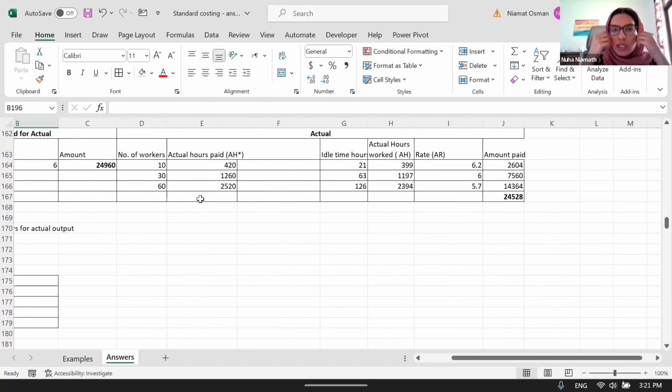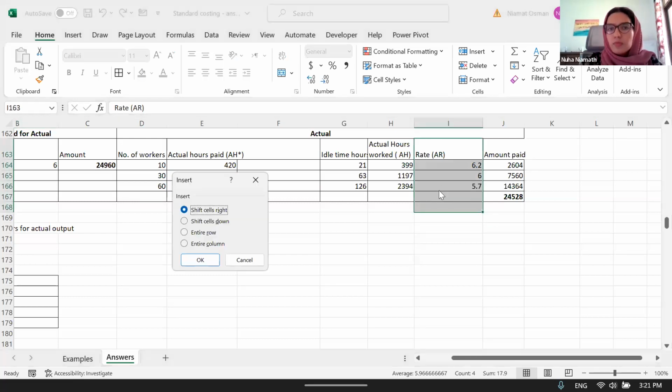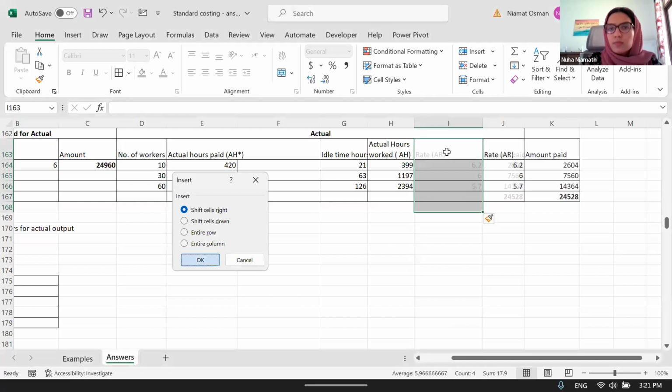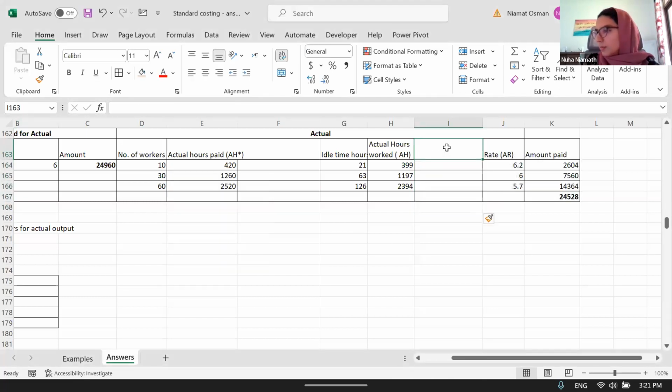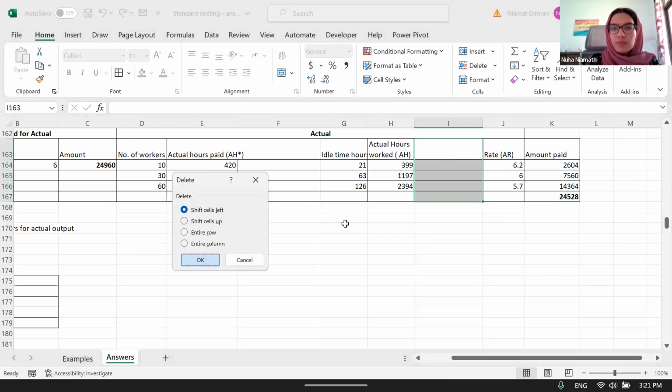We calculated the actual hours. You can just add a column. Or we could just take the total.